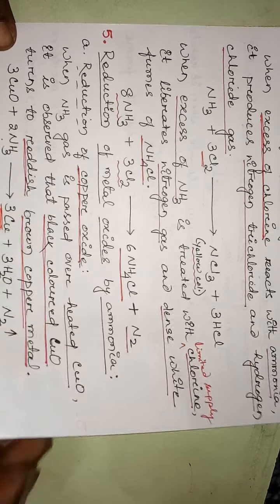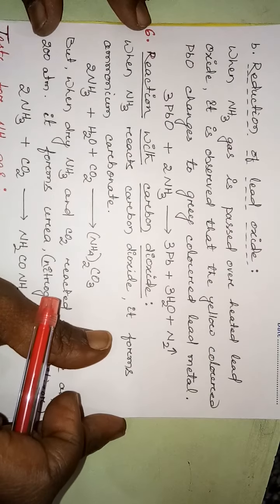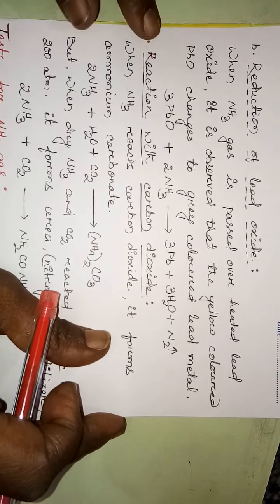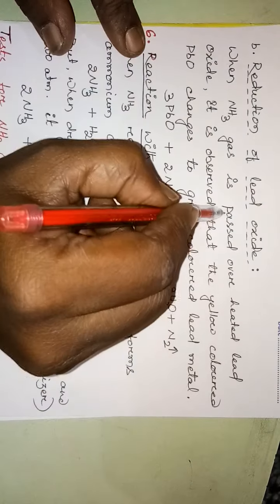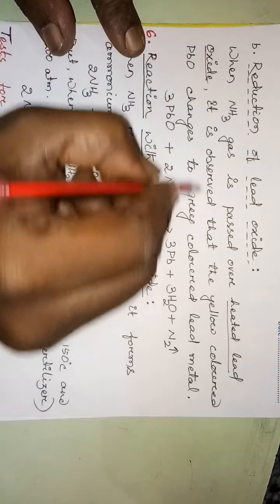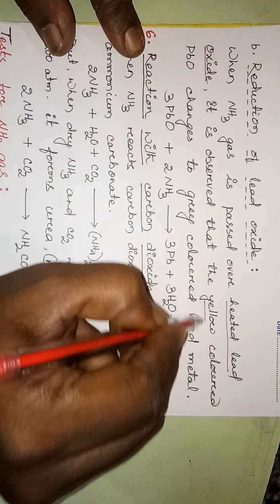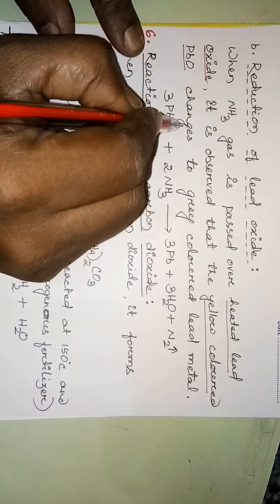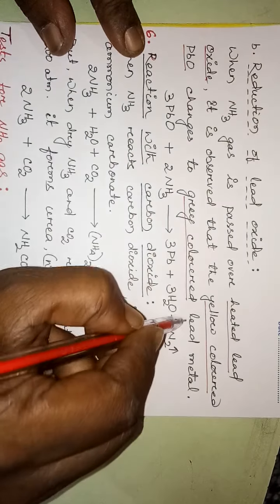Okay, then another reduction we will discuss is when ammonia reduces lead oxide. When ammonia is passed over heated lead oxide, what happens? It is observed that the yellow colored lead oxide changes to gray colored lead metal.